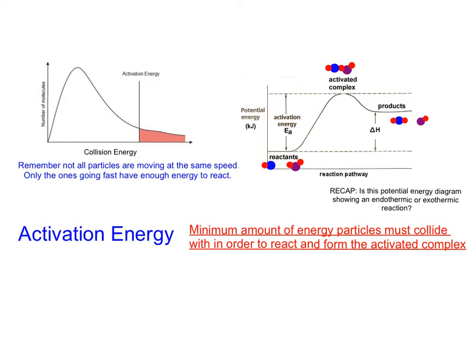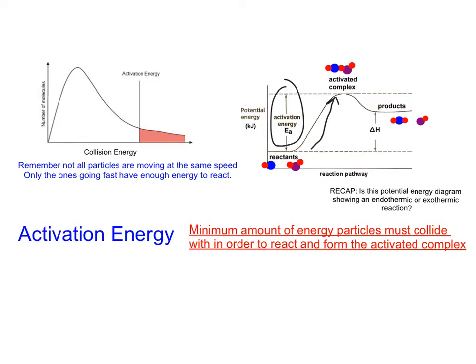On a potential energy curve or a potential energy graph, the activation energy is essentially how much energy you need to make it to the top of the hill. Remember, when we looked at these back in Unit 12, the left side of my potential energy diagram are my reactants, the right side are my products.